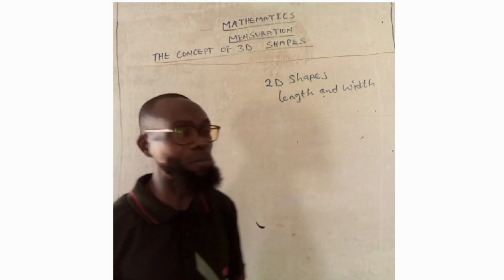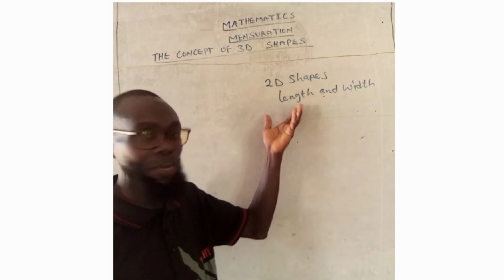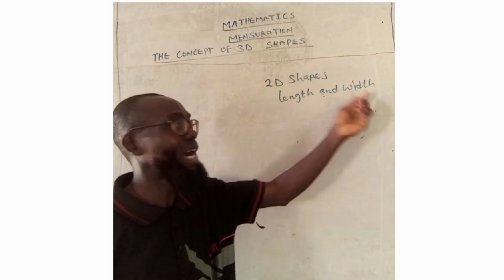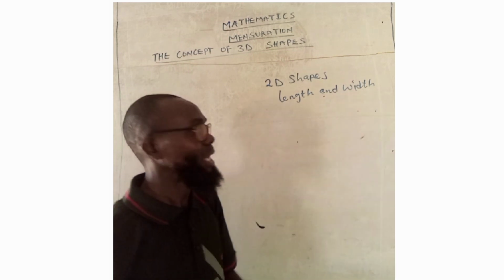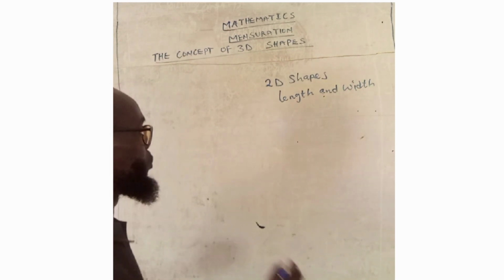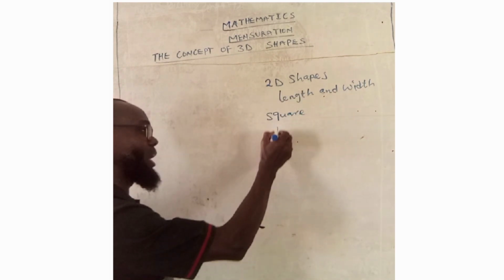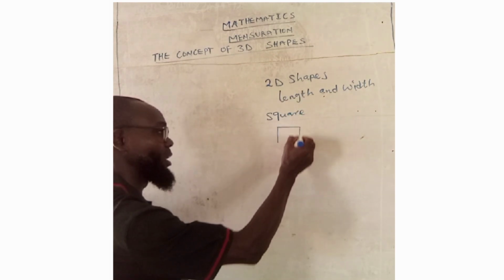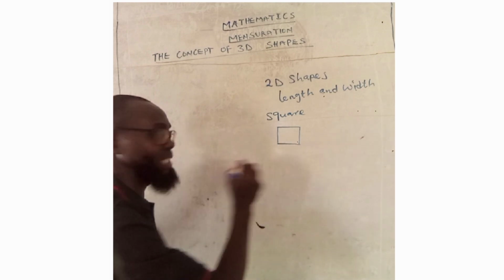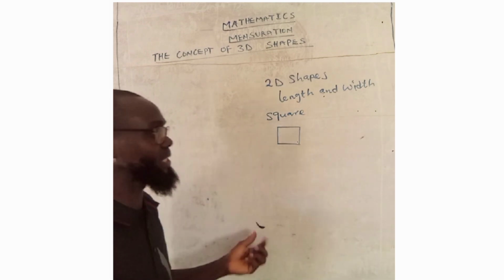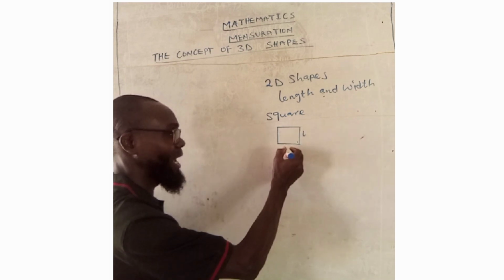All these are only made up of two dimensions, which are length and width. Let's take a good example, a square. A square as a two-dimensional shape has all its sides equal. In this case, we have length and length.